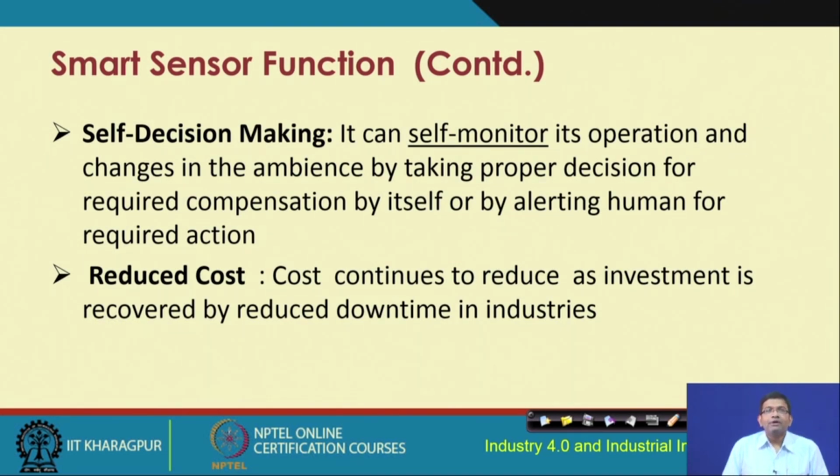And then you have the reduced cost, the most important function I would say of a smart sensor, because if cost is not reduced, then it is not possible to replicate and scale up to have more copies of these different sensors and replicate it further.